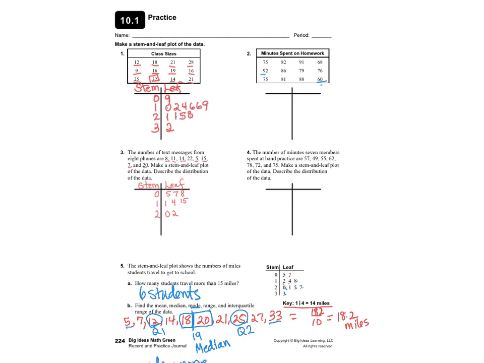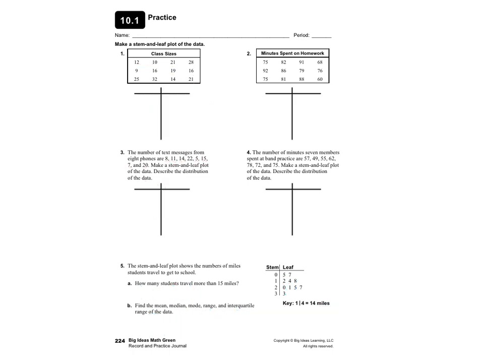And we simply just count into the middle. And so to find the IQR, we need our 25 minus 12, and that gives us 13 miles. So the middle half of the students travel 13 miles to school each day.